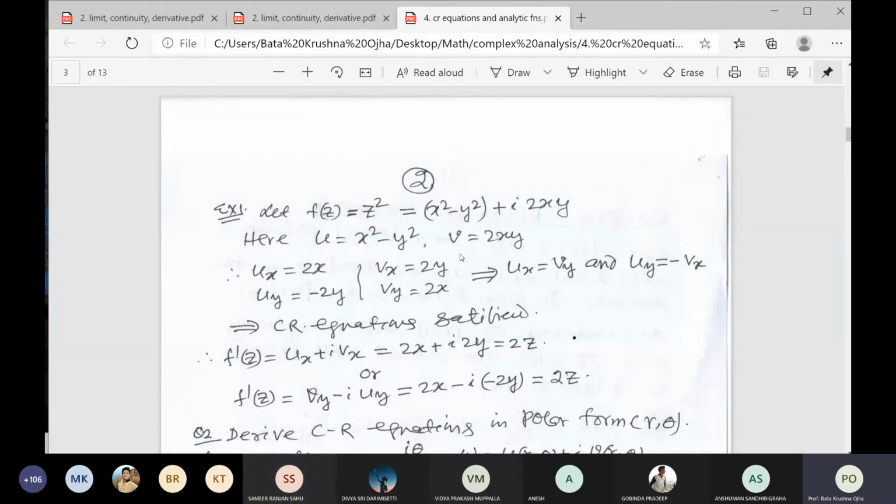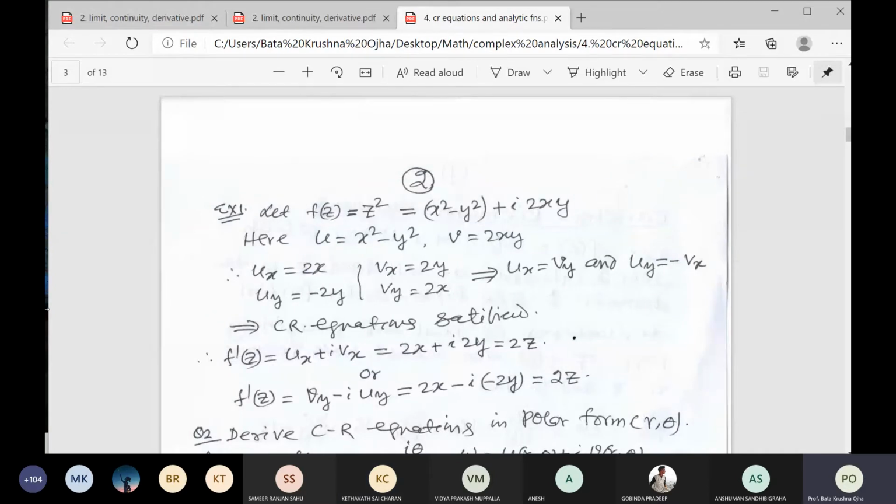Then you calculate u_x, v_y. We derived it using both, sir. Are both satisfied? Yes, sir. Sai Charan. Is it satisfied or not? Yes, sir, the equation is satisfied.